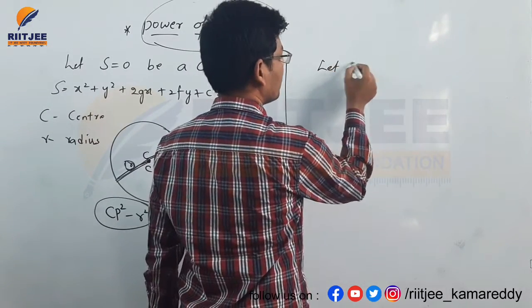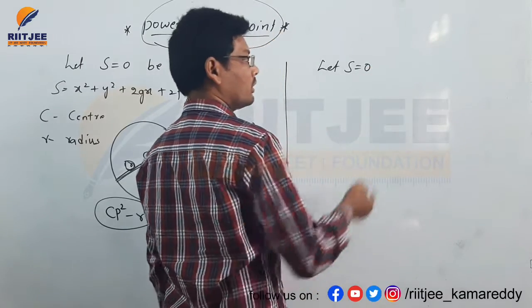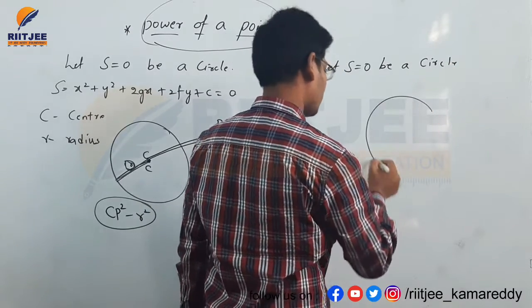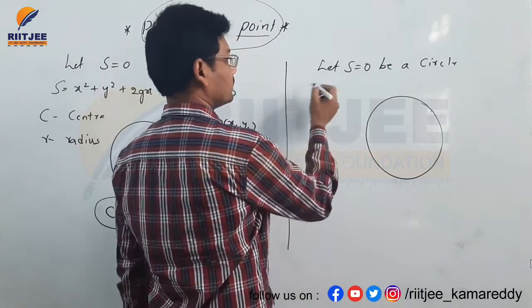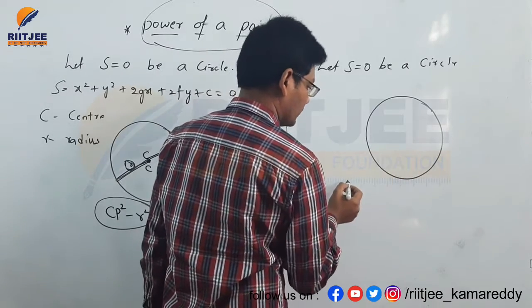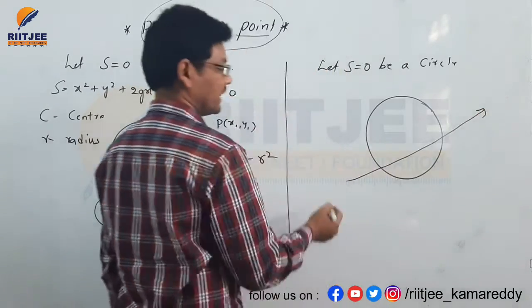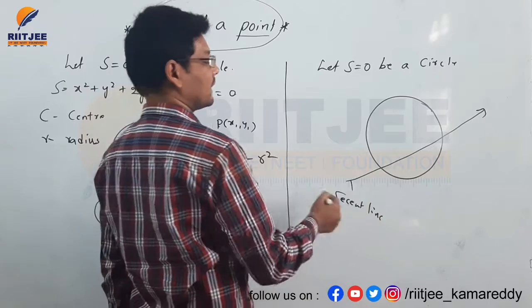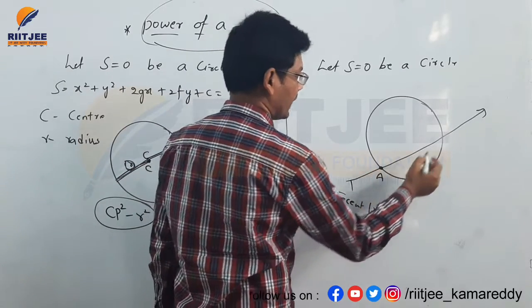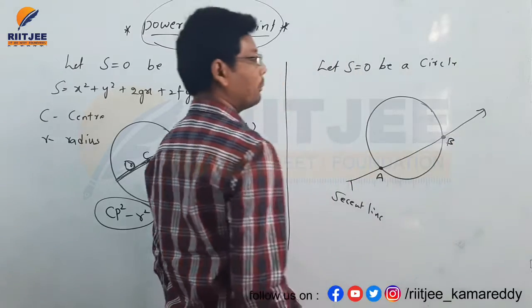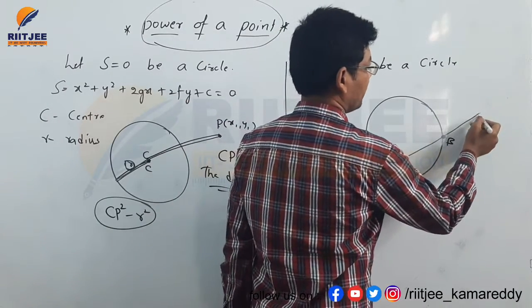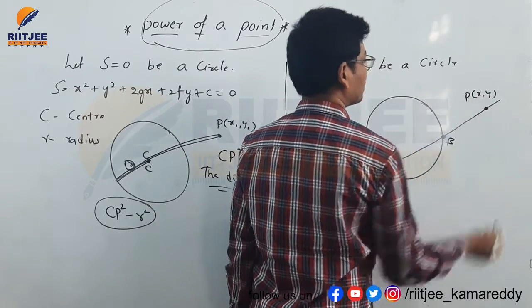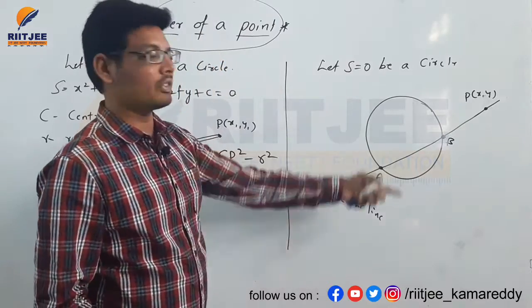Let S = 0 be a circle, and here a secant line intersecting the circle at 2 points A and B, and a point P outside of the circle.